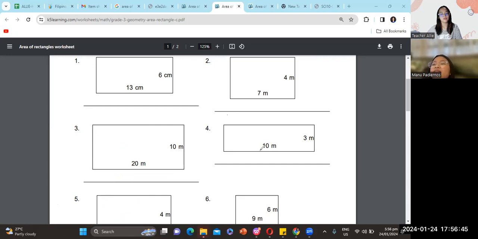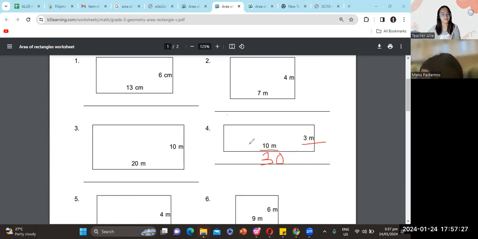Now the numbers are not that big. Still you follow L multiply to W. That's 3. 10 times 3 m. So what's the answer in number 4? 30.